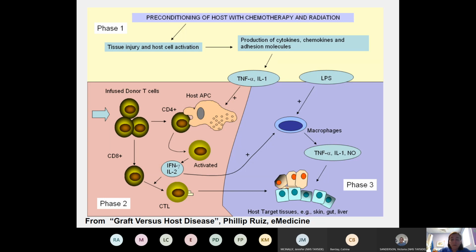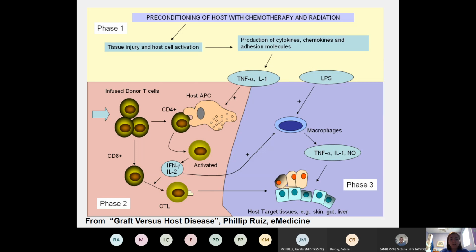That interaction between the damaged host cell and the antigen presenting cell will cause a cytokine and chemokine cascade that will lead to the release of tumor necrosis factor alpha and IL-1, just for kick-off.